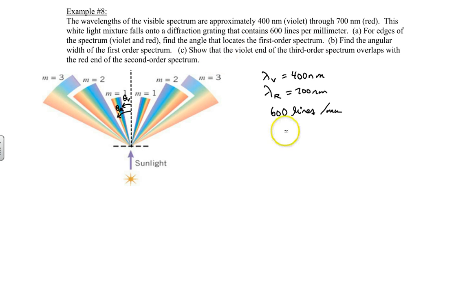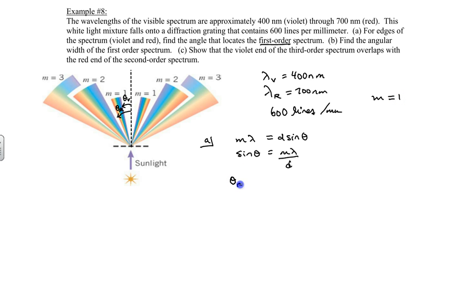We're looking at constructive interference because we want to see those particular colors. So to solve for part A, we're going to use m lambda equals d sine theta, and we will have sine theta equals m lambda all over d. In this particular case, we're looking for the first order spectrum, so m will be equal to 1.